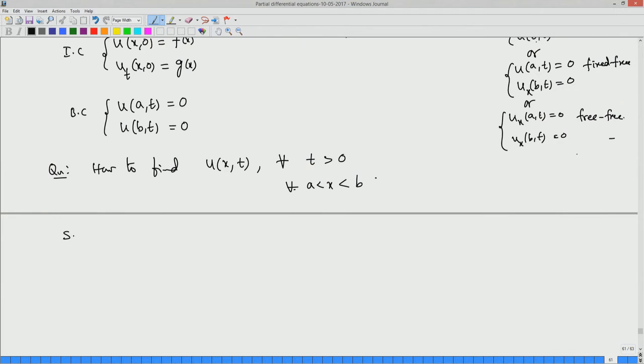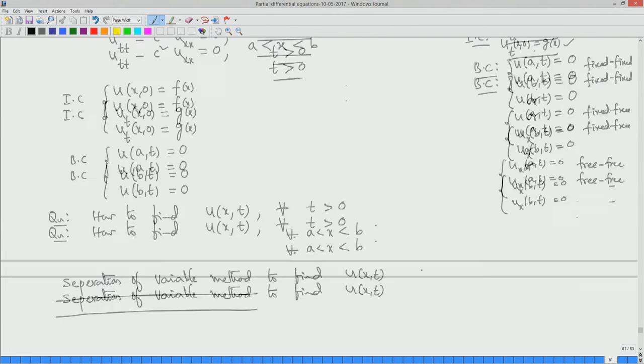This is called the separation of variables technique, a method to find u of x, t. So, this is what we do to find this u of x, t.